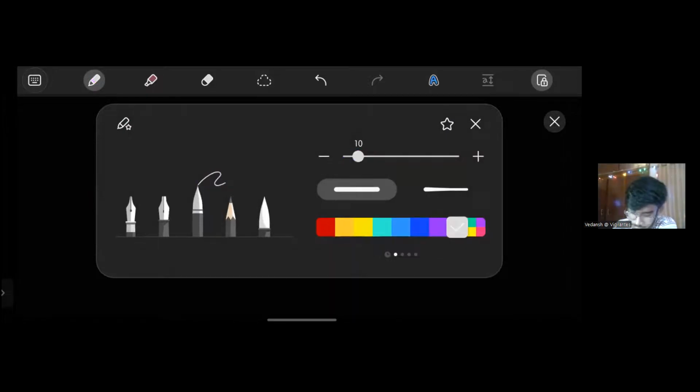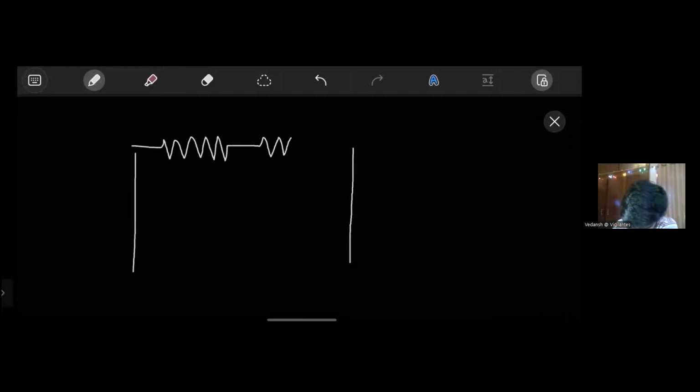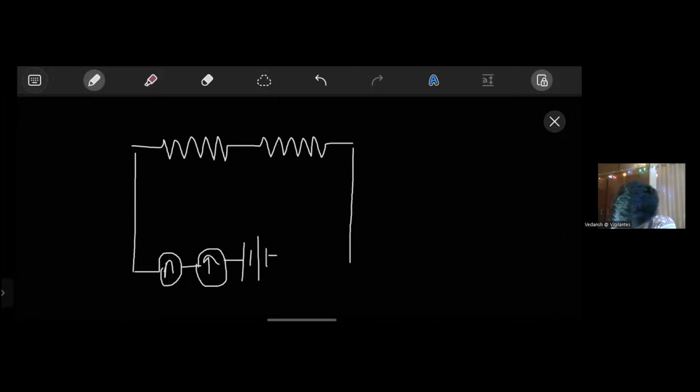Now, let us see how we can combine all of this. Cool. So, I have a circuit. I have resistances connected. I have an ammeter. I have a galvanometer. I have a battery. I have a switch.